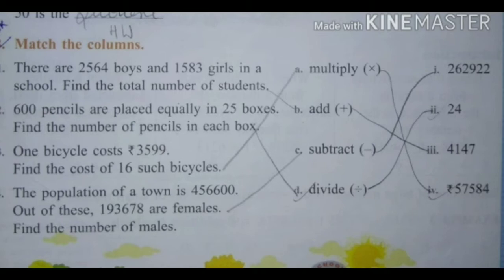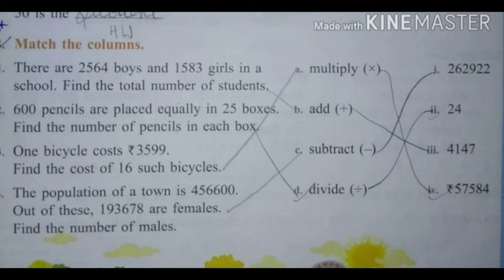Third one is one bike costs rupees 3599. Find the cost of 16 such bikes. If we are given the cost of one thing and we have to find more than one, we multiply the number. So we match this question with A, and the answer is 57,584.